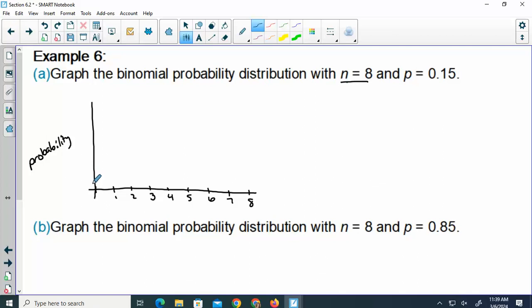I'm going to count by, we have some pretty small ones, don't we?